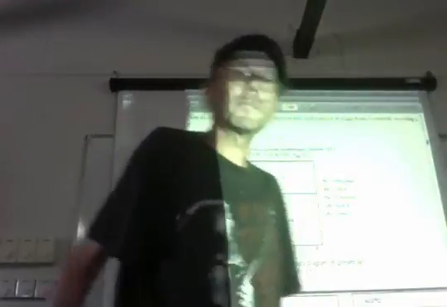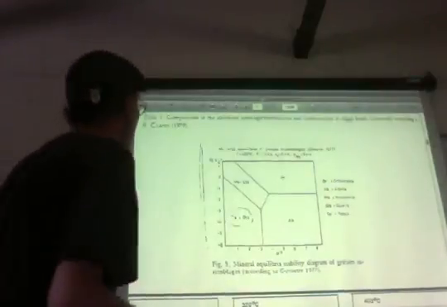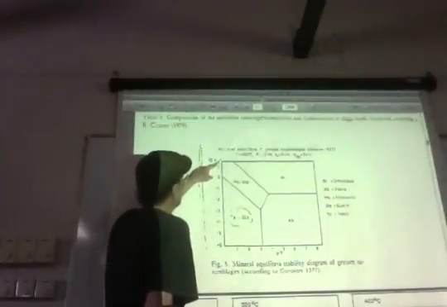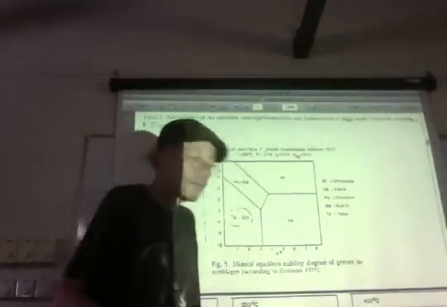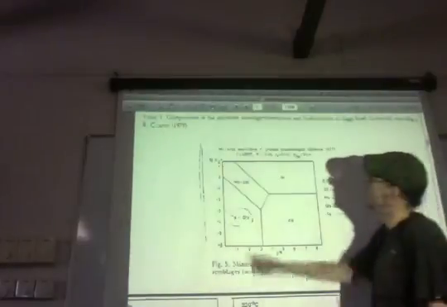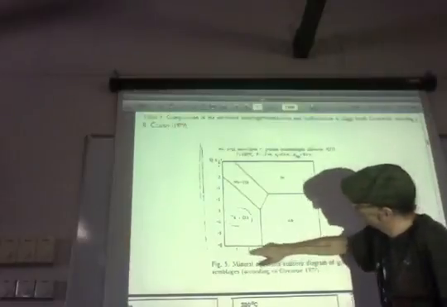So, there I have the next annoying diagram. Here we have plotted the logarithm of the activity of the potassium in the fluid, yeah? Because we are using here only the K plus. And here we have the pH.